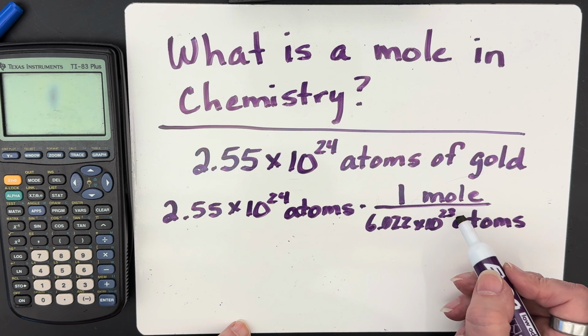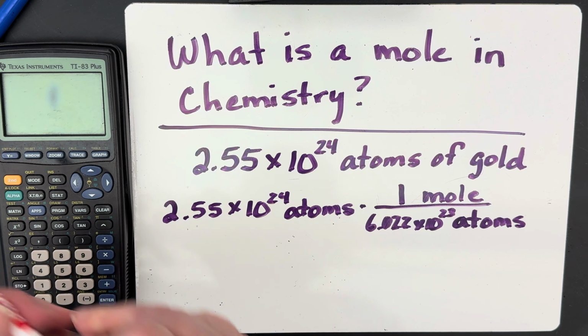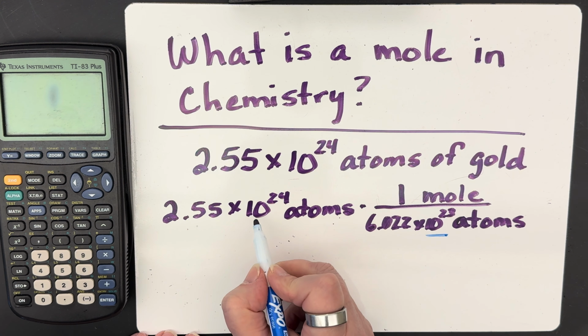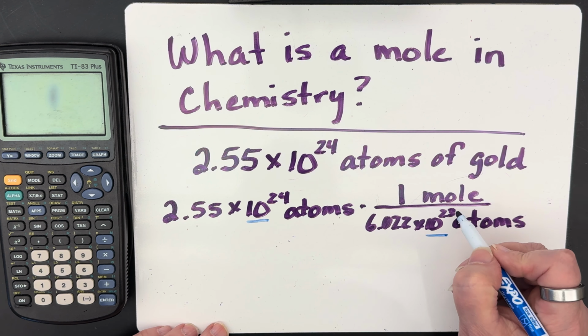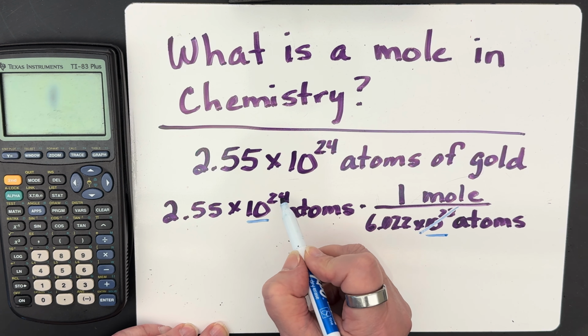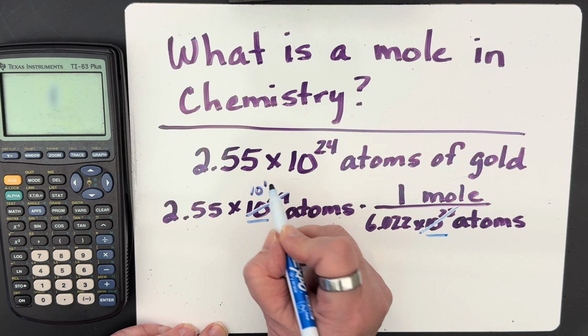So since we have times 10 to the 23rd on the bottom, and we have times 10 to the 24th on the top, we can cancel 10 to the 23rd. If we cancel 23 of these, we're left with 10 to the 1st power.